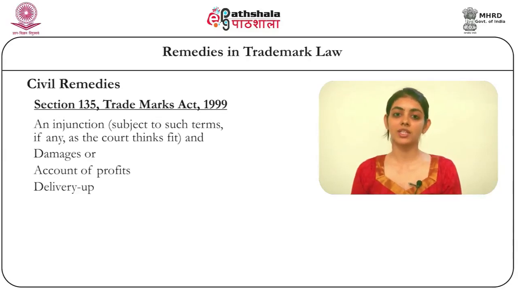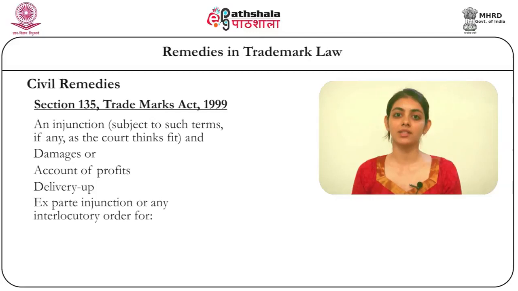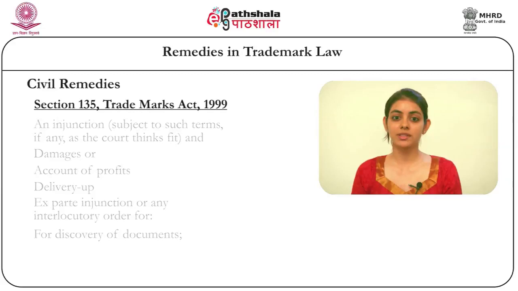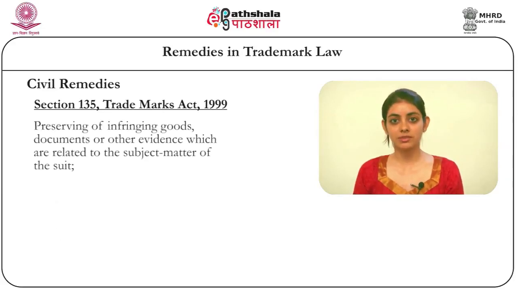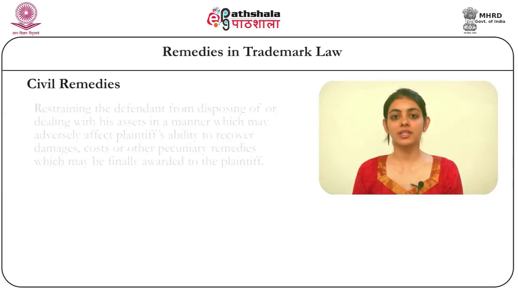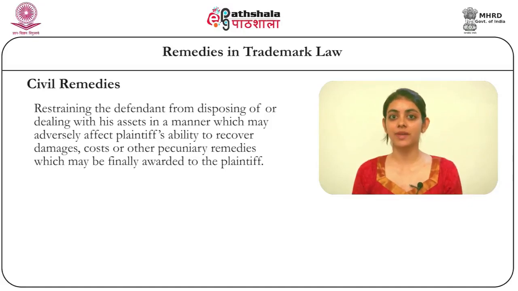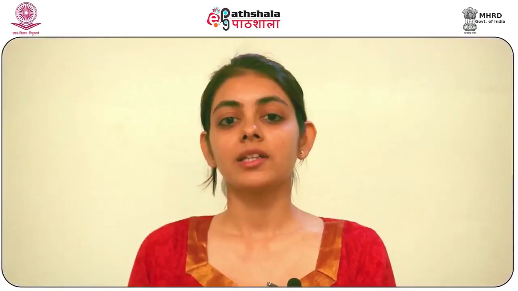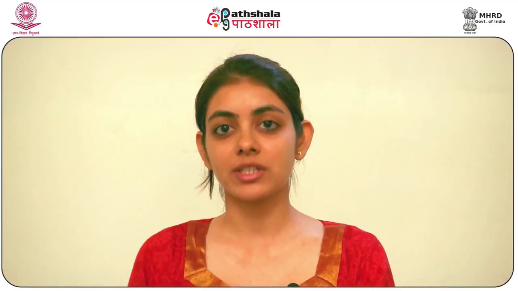In addition to these reliefs, Section 135 talks of ex parte injunctions or other interlocutory orders for three reliefs. These reliefs include discovery of documents, search and seizure preservation orders, and restraining the defendant from disposing of assets. Now, these three interim reliefs also have unique names.